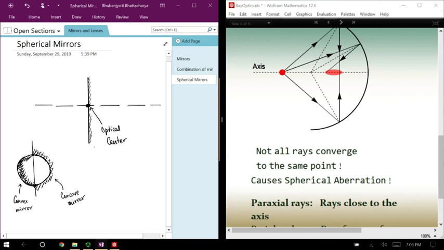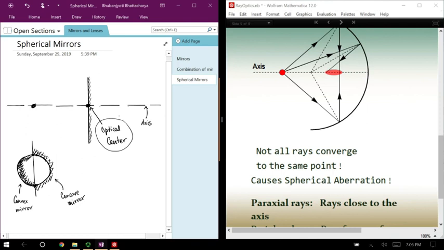So this is my curved mirror, and this dashed line represents the principal axis, or sometimes just the axis of the mirror. That line goes through the center of curvature of the mirror and also through a point on the mirror, which will generally be called the optical center of the mirror.